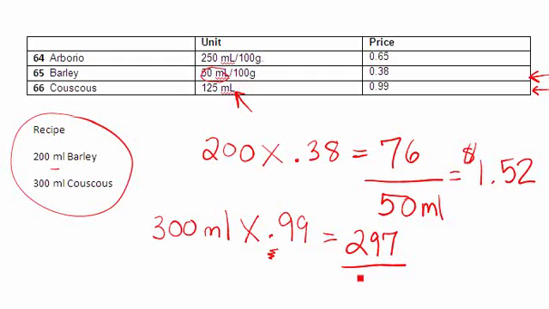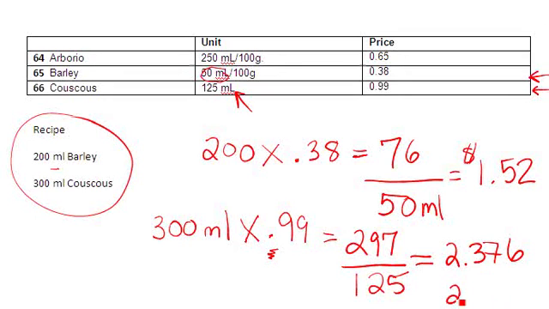Okay, so I now take my 125 mils, and in my formula or into my calculator, I take 297 divided by 125, and that actually works out to 2.376. Now I want to make sure that I round up to my closest penny, so this would actually be $2.38.